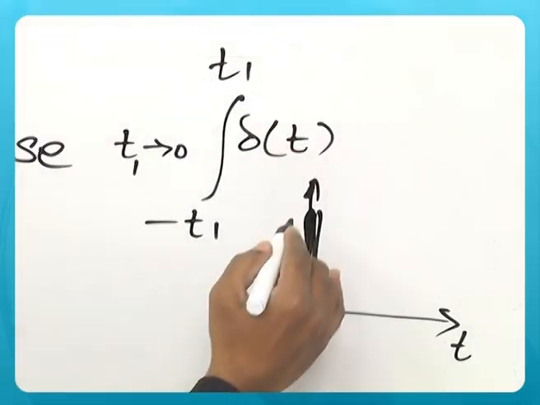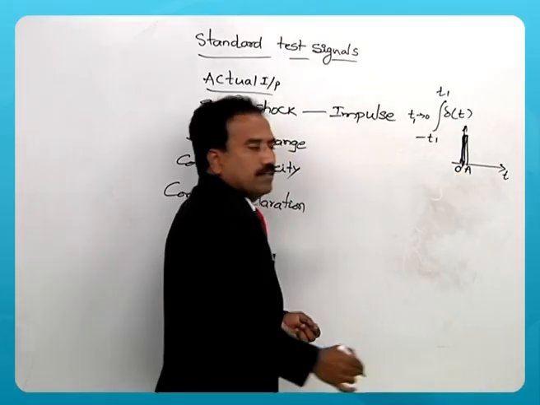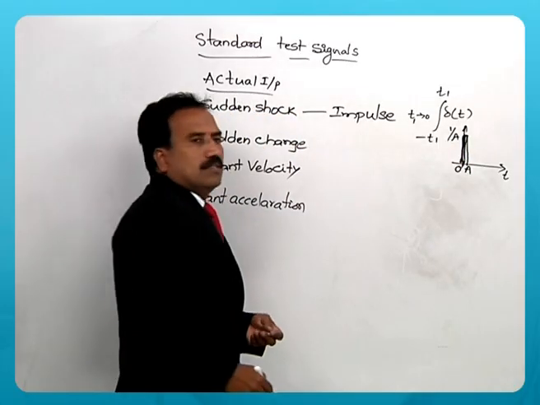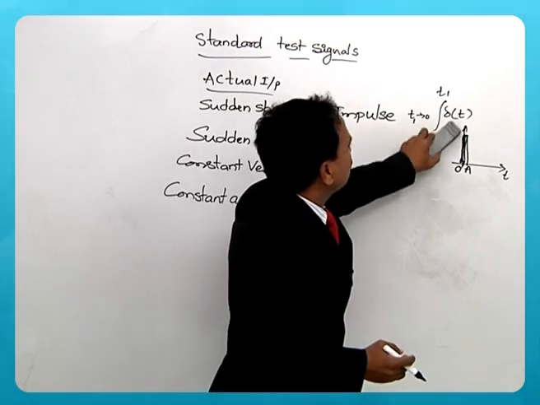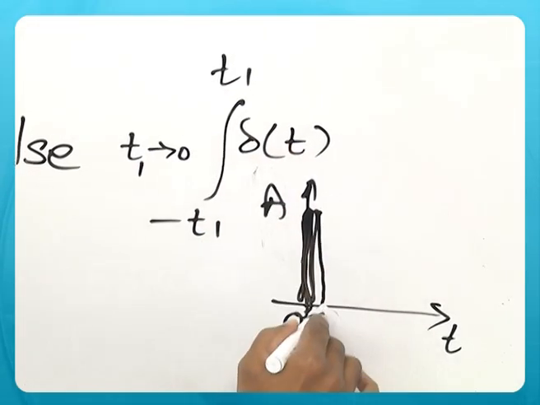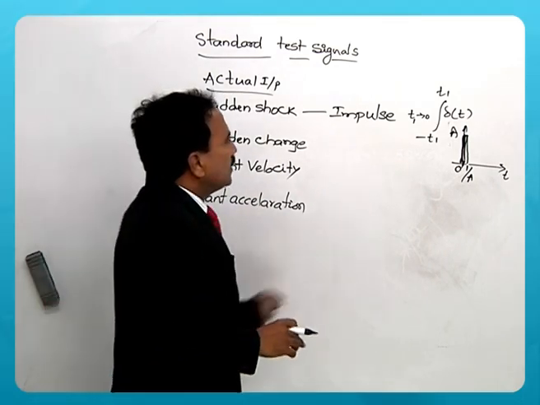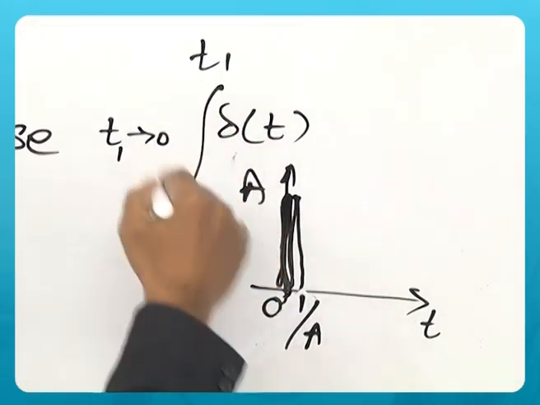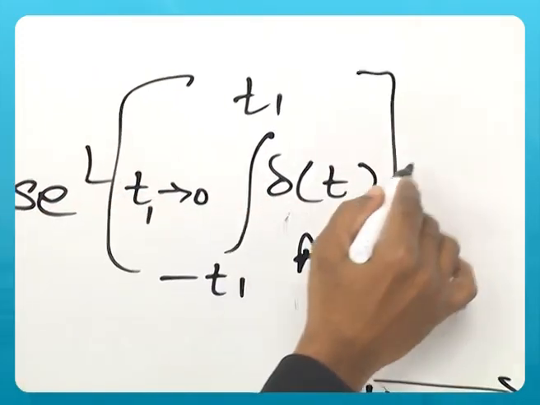So it is always chosen as some short duration, say A, then 1 by A will be the amplitude, so that the area of that signal is equal to 1. So, the Laplace transform of this impulse is 1.